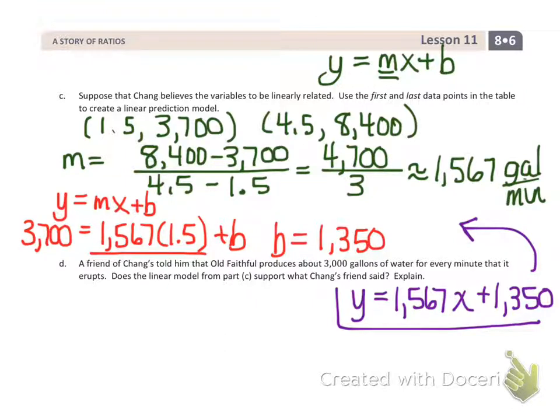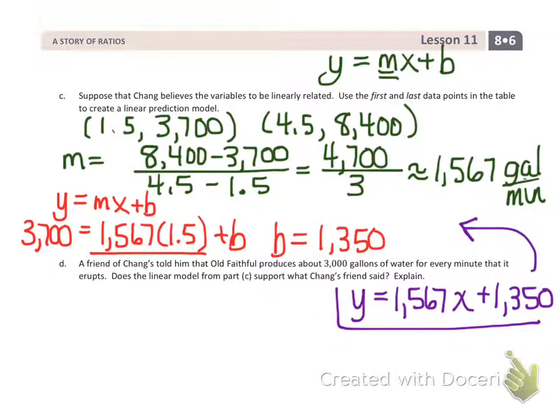So we could use this if we plug in a time value for x. Remember x is the time of the eruption, and then multiply that by the slope and add the y-intercept, and I will get the amount of water that comes out of Old Faithful in that amount of time. Okay, so that's a prediction model.